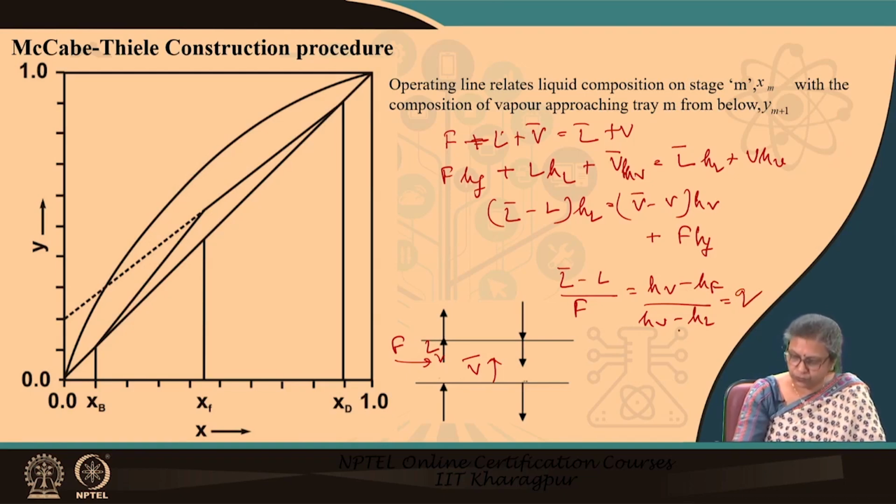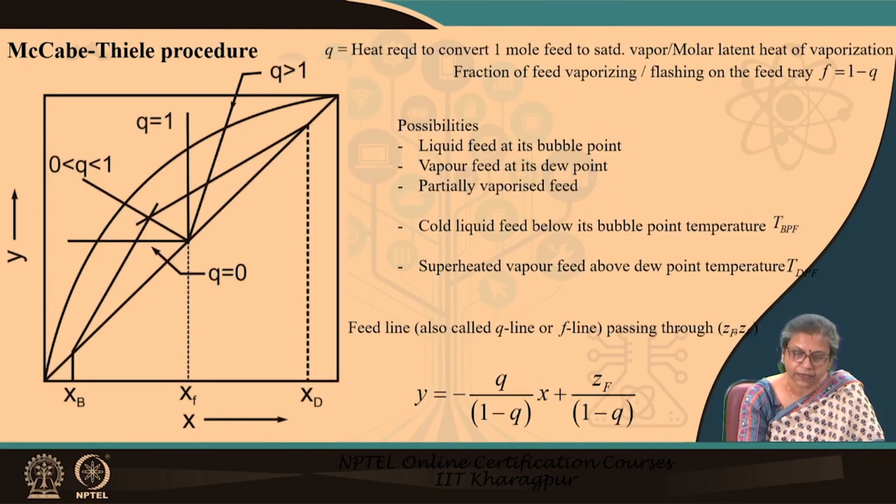This particular Q factor is basically the heat which is required to convert 1 mole of the feed to the saturated conditions divided by the molar latent heat of vaporization, right. So, we can express this parameter either by Q or by F, where Q is the fraction of feed as liquid and F is the fraction of feed which is vapor.